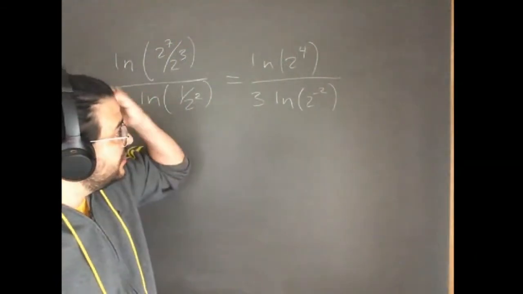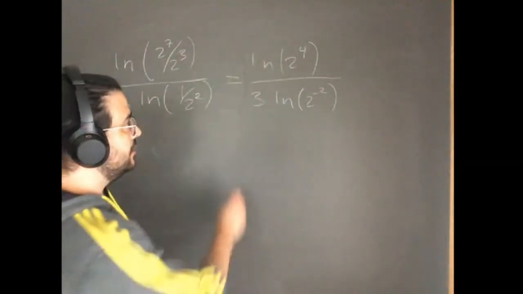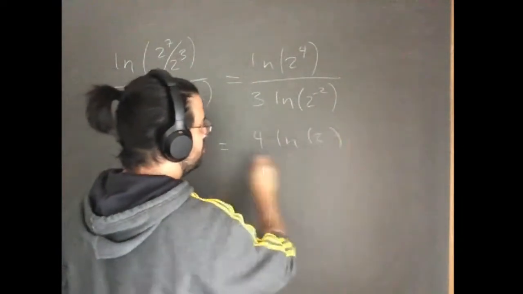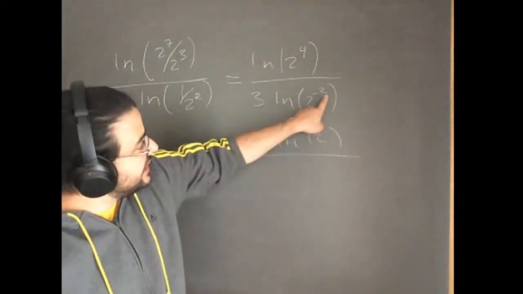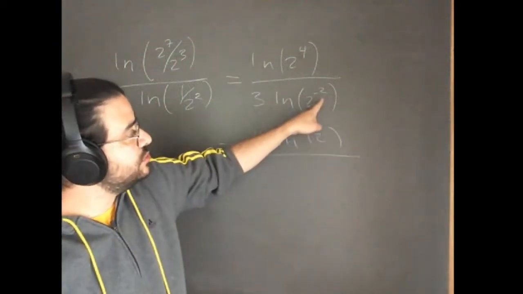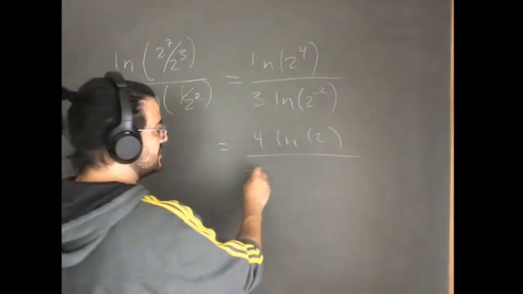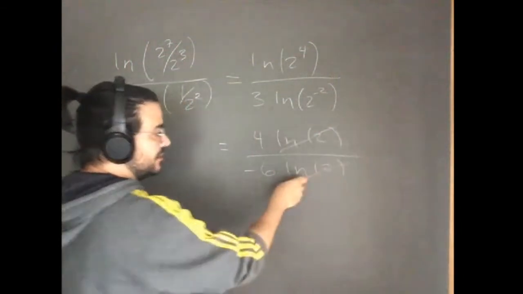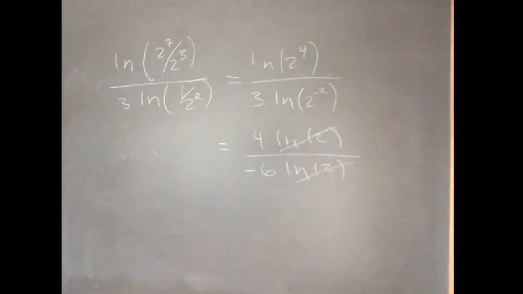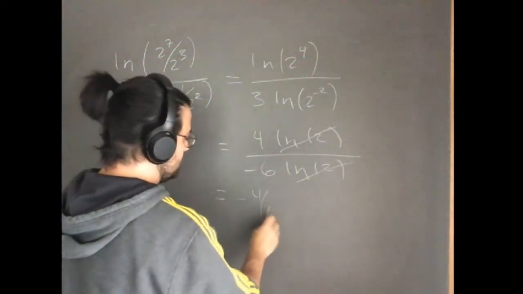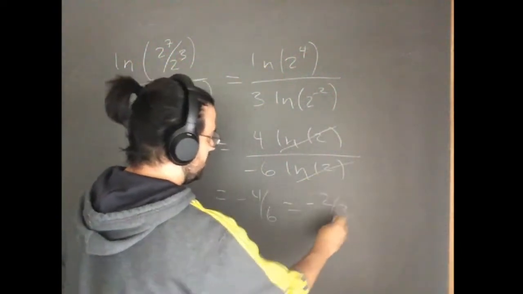Okay, so what happens now, we can pull the 4 down to the front here. This becomes 4 times the natural log of 2. And then we can pull the negative 2 down to the front here, but there's already a 3. So negative 2 times 3 is going to give us negative 6. And then notice there's a natural log of 2 here and here. Those cancel out now, and you're left with negative 4 over 6, which is negative 2/3.